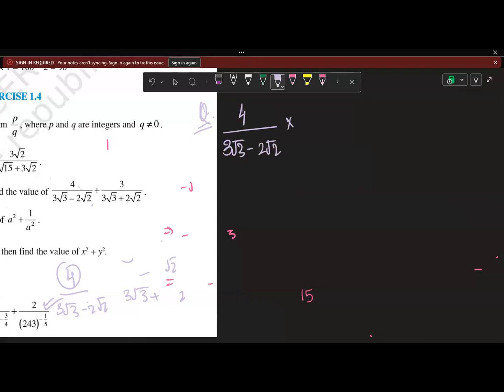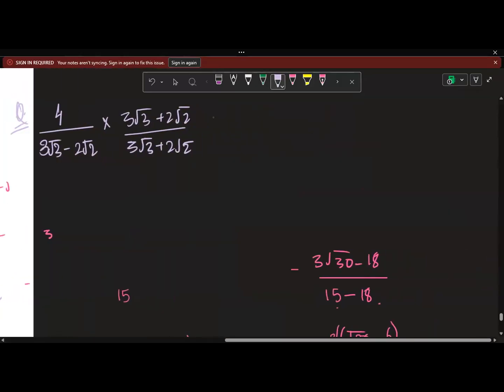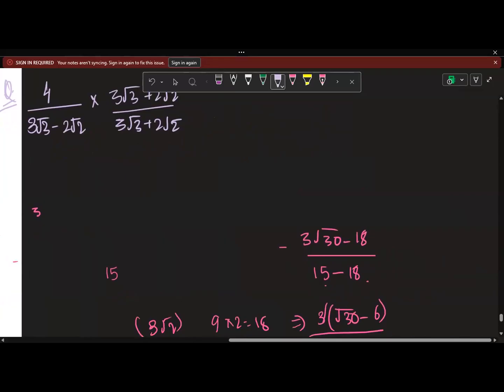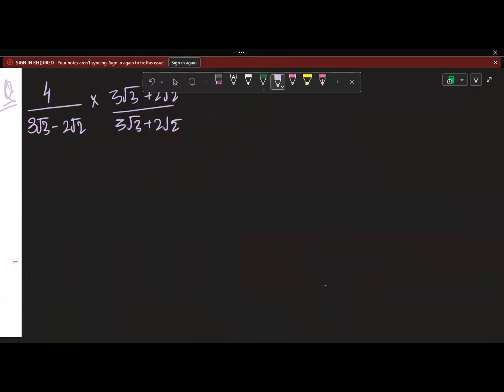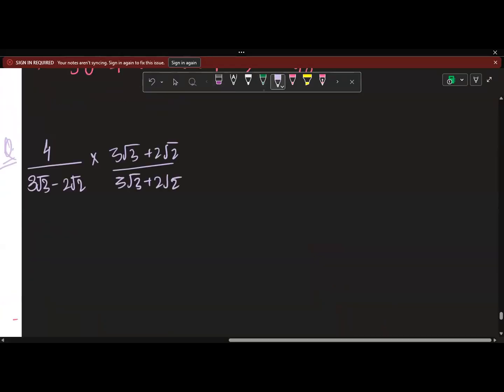You will multiply with 3 root 3 plus 2 root 2 divided by 3 root 3 plus 2 root 2. What answer do we get, children? Ma'am, I got 12 root 3 plus 8 root 2 as the numerator. As the numerator, let me check.